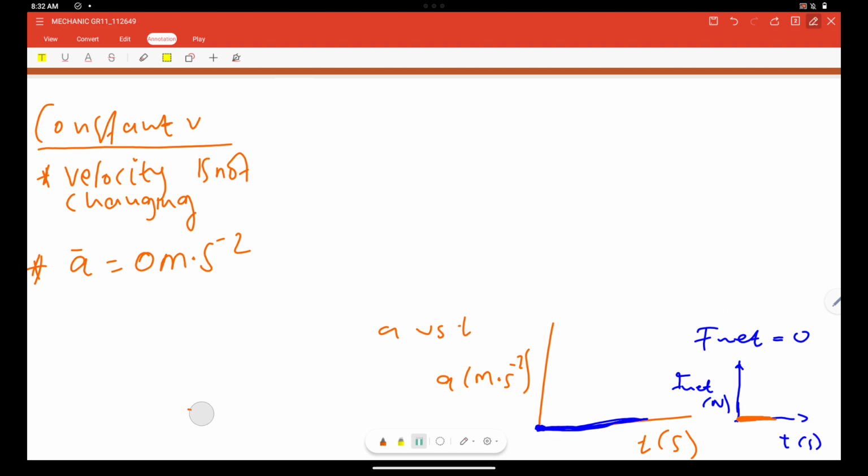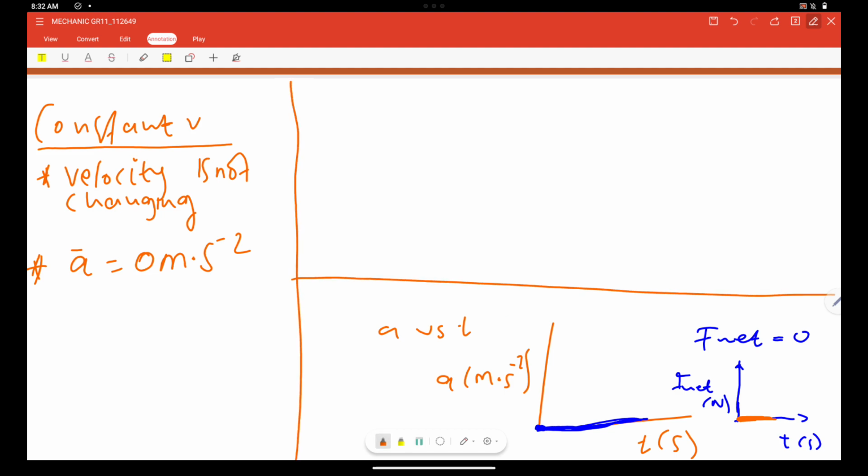If an object is moving with a constant velocity, acceleration is 0, the acceleration time graph will be that one over there. This will be the acceleration versus time graph. If the object moves with constant velocity, we have also said that the net force will be close to 0 Newton. If we plot the graph of net force versus time, that will be that graph over there.